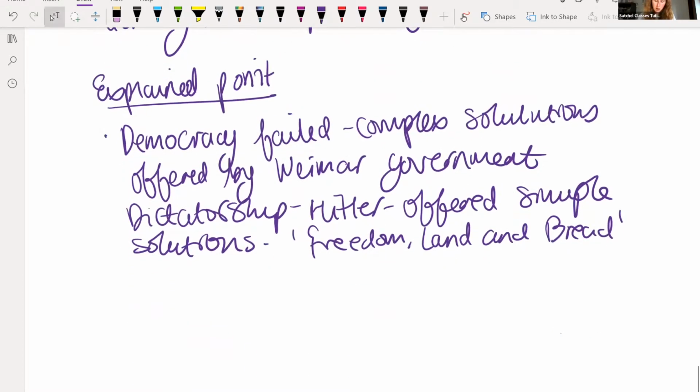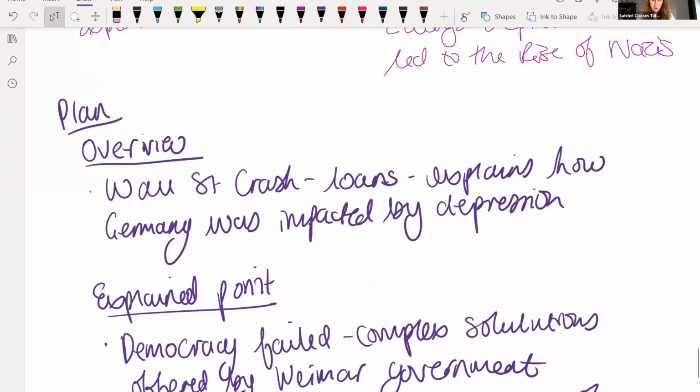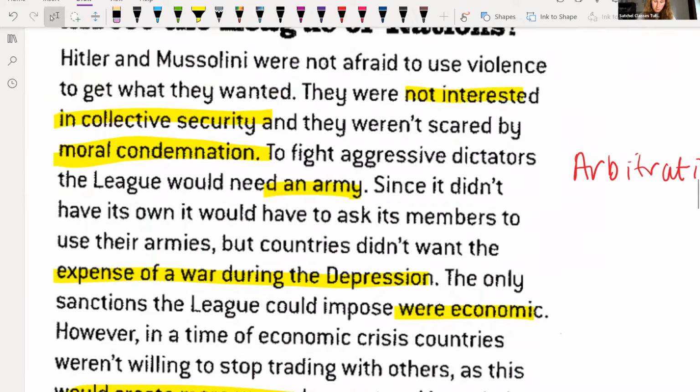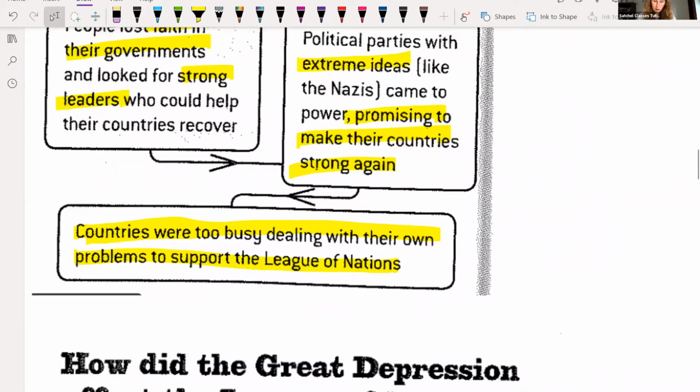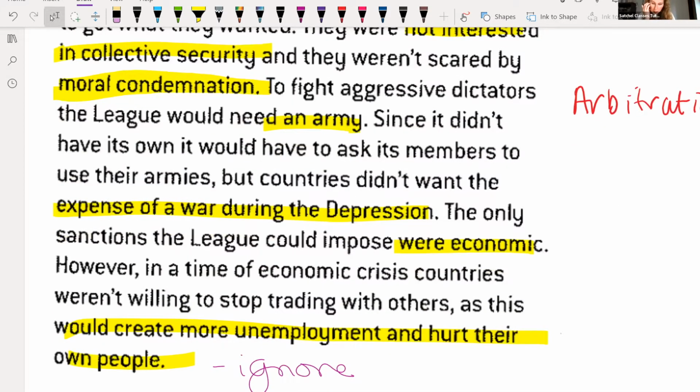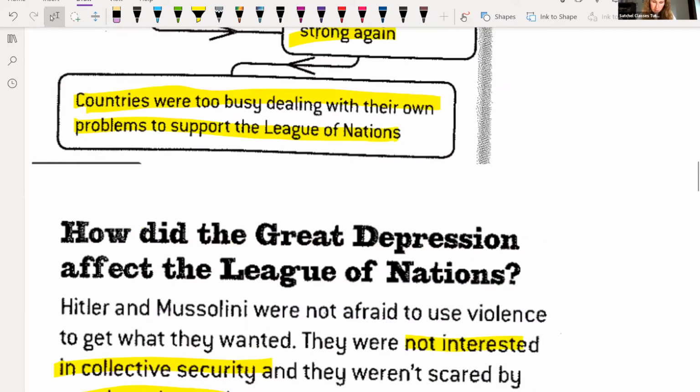Okay, my second explained point here. So let's go back and find another one. We know about the loans, but let's have a look here. Oh, sorry, I'm not in the right place here.